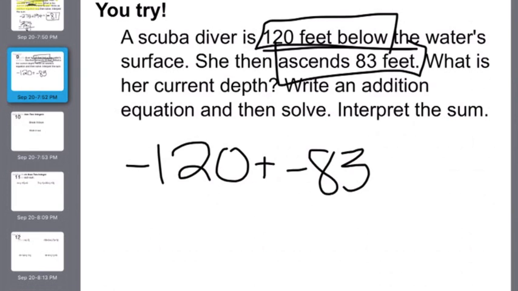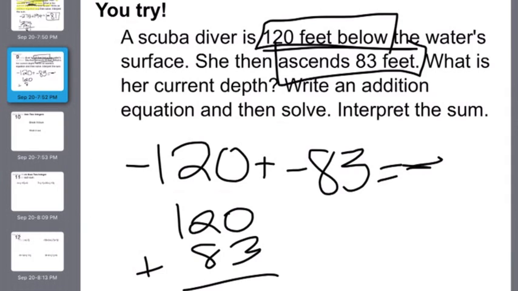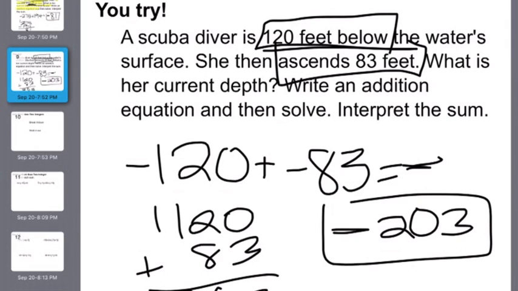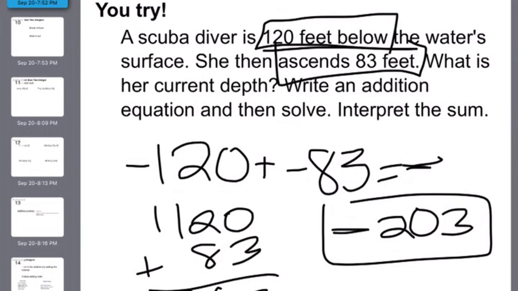So a negative plus a negative will be a negative, and then we just add the absolute values. So 120 plus 83 will get us 203. So negative 203 ends up being our answer there. What that means is that the scuba diver was 203 feet below the surface.